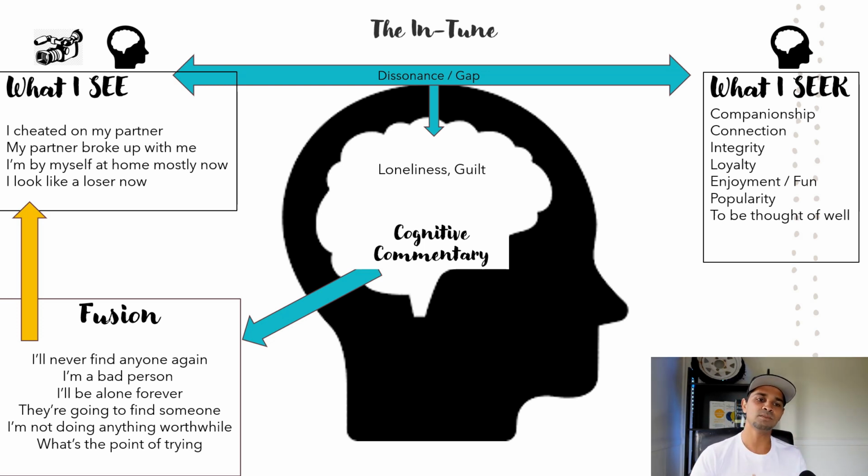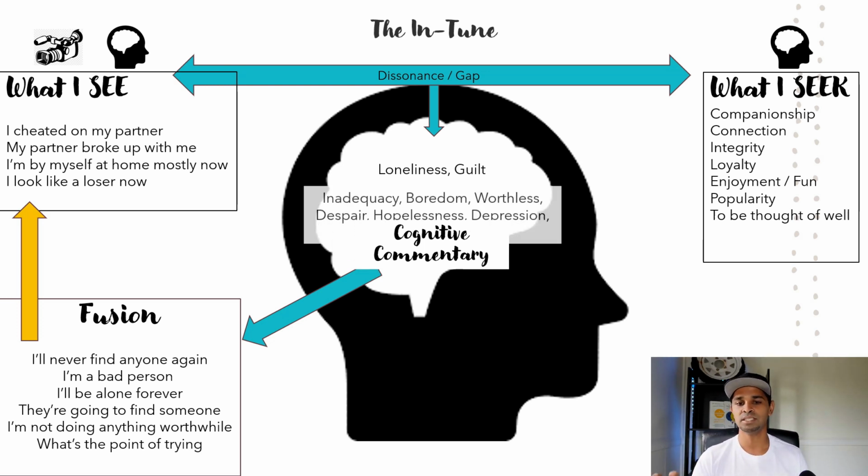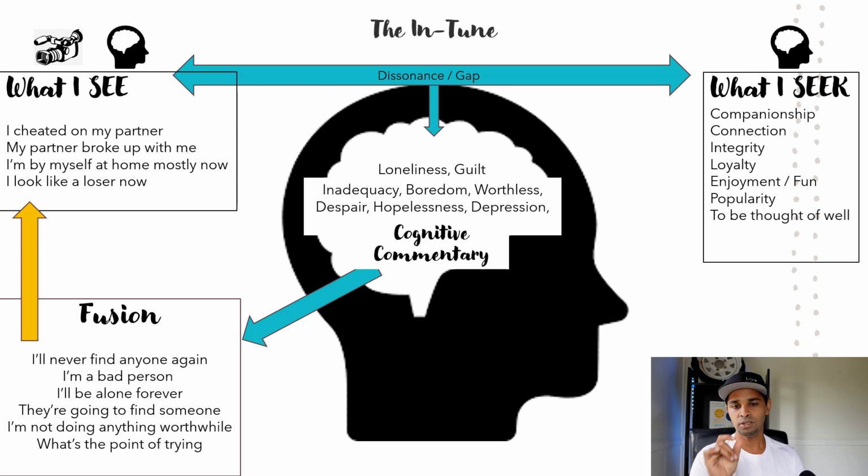When this comes into the music, notice how much more dissonant his emotional experience is. Not only is there loneliness and guilt, but now there's I'm a bad person, inadequacy, boredom, there's no point trying, worthlessness, despair, hopelessness.